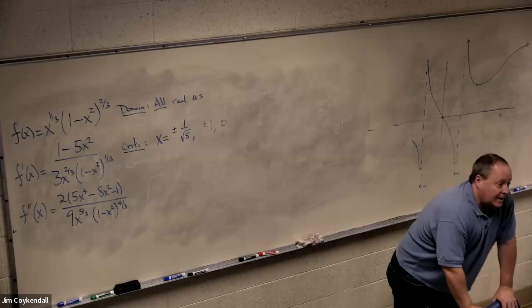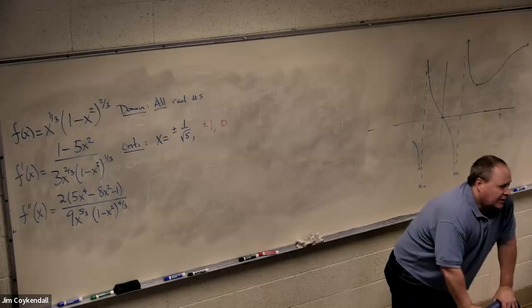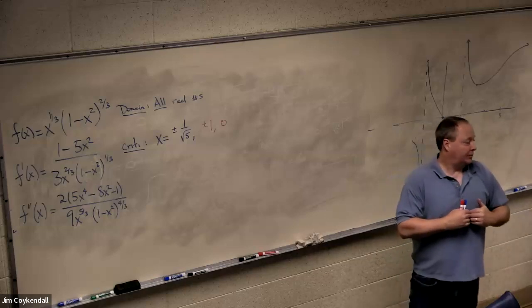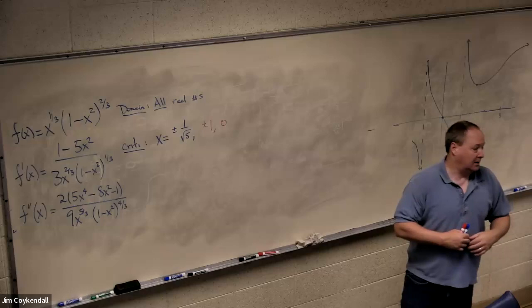So I expect there to be funny bits going on. I expect there's a number of things that can happen. It could be a jump, but I doubt this because this function should be continuous. So I would expect there to be like a cusp, pointy thing, or a vertical tangent.